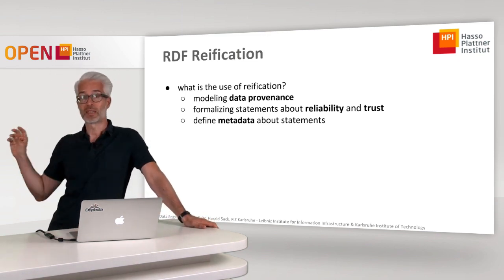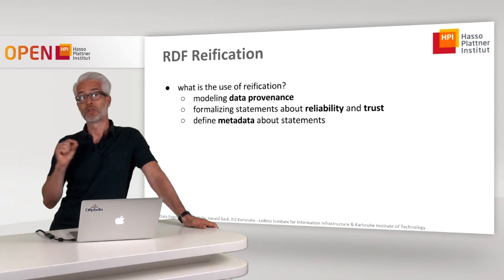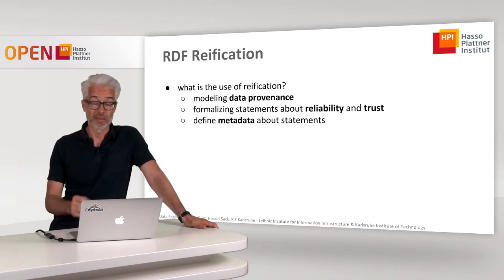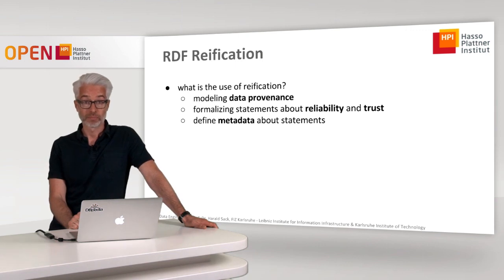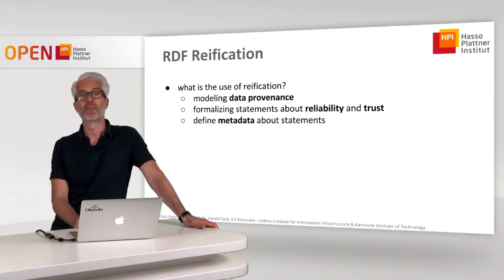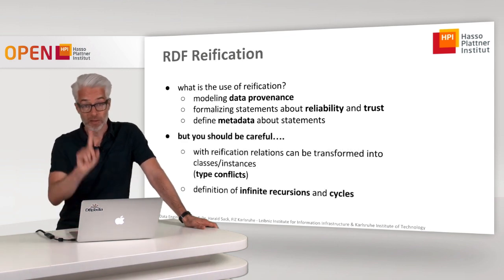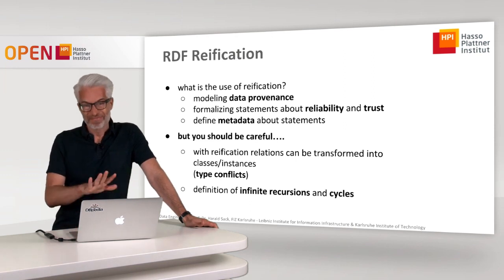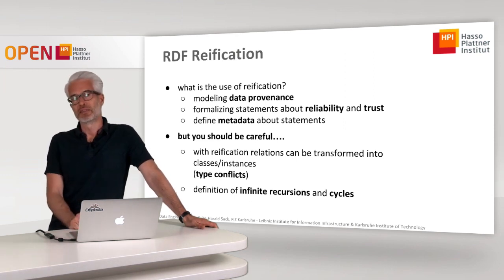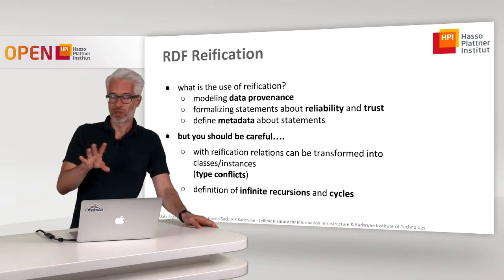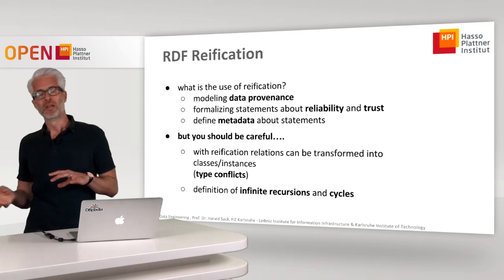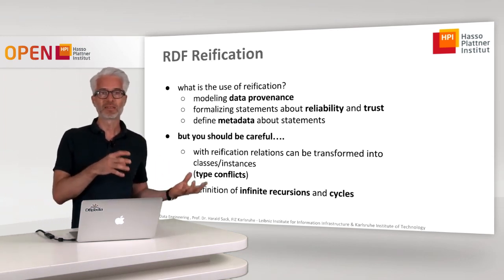If you know where a statement comes from, then of course you can connect this statement also with statements about reliability and trust, which is quite important. So in general, you can define metadata about statements with the help of reification. But you should be careful. Reification is a little bit tricky if you use it in a semantic web or linked data setting, simply because it somehow changes the roles. The relations or the properties become instances or classes.